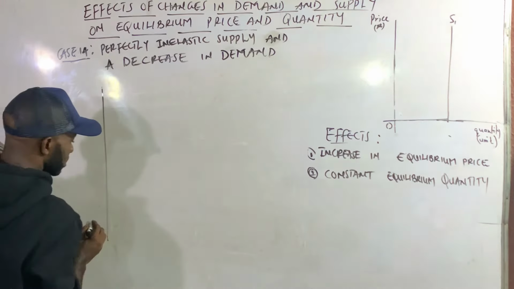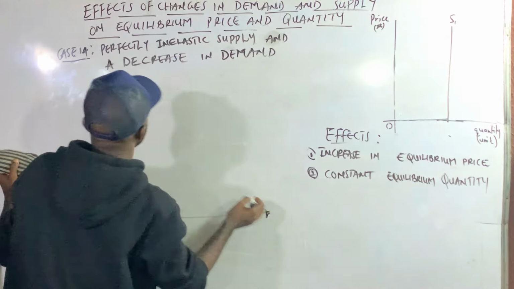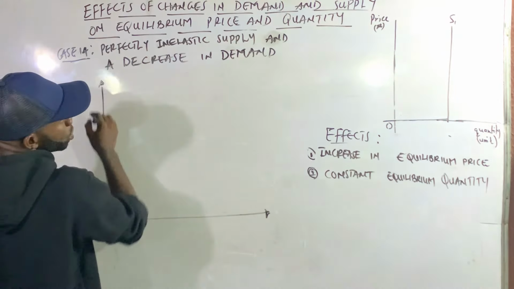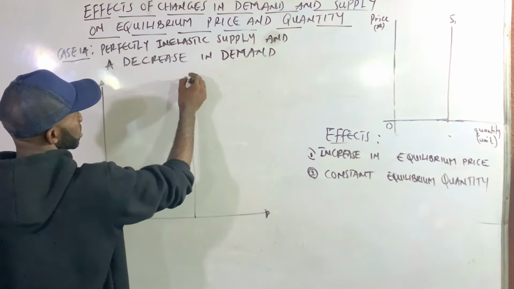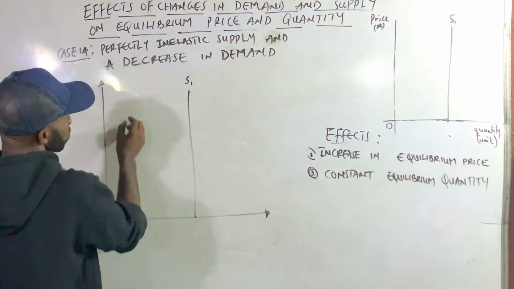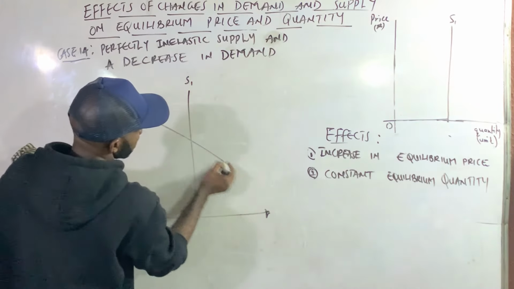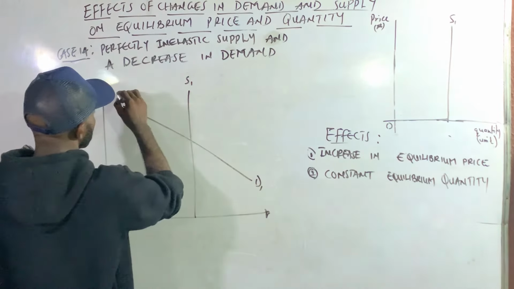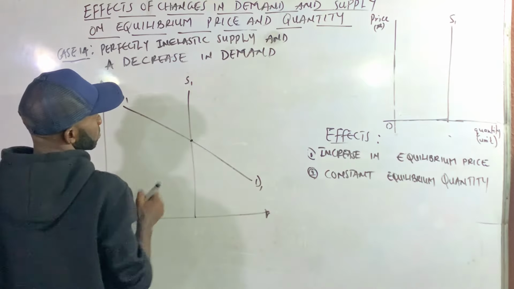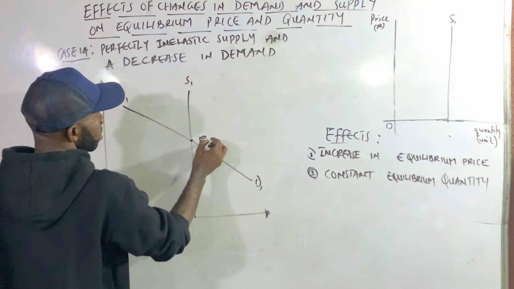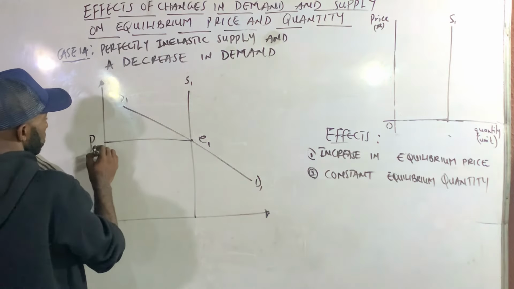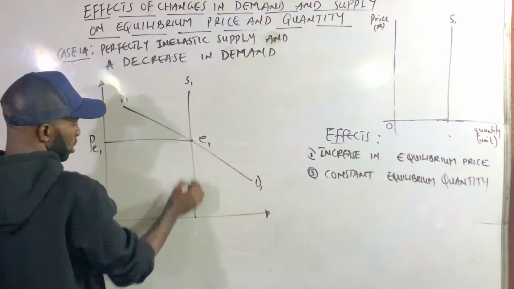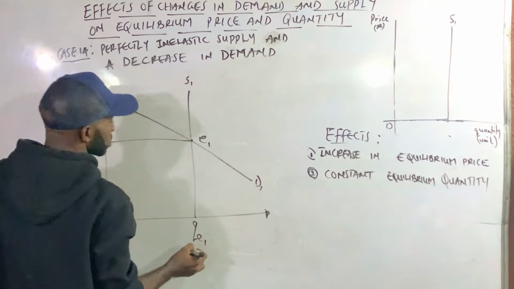Let's not forget that we're dealing with special cases. So the supply curve has to be this way, S1. From S1, we take a demand curve, D1. We have equilibrium point 1, and then it gives us equilibrium price 1. We trace it to quantity, it gives us equilibrium quantity 1.